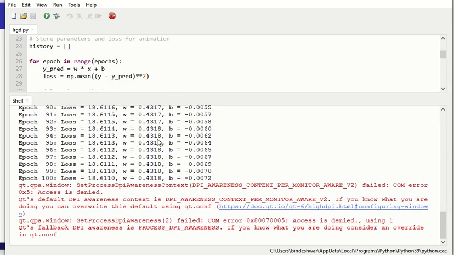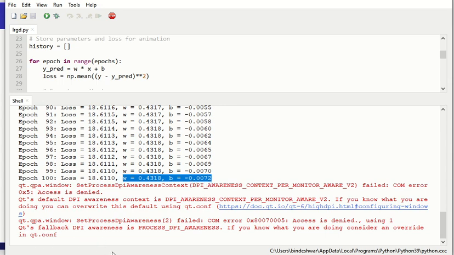In the final, W is 0.4318 and B is minus 0.0072.